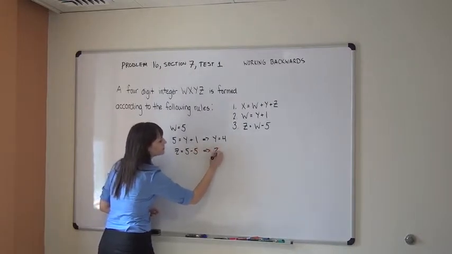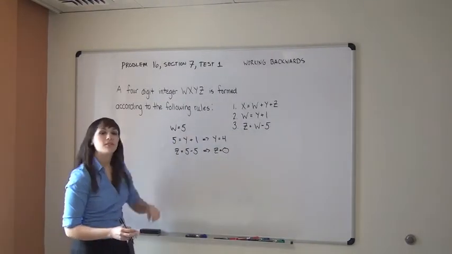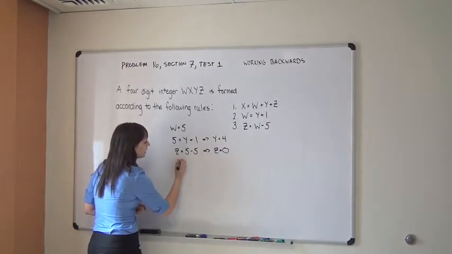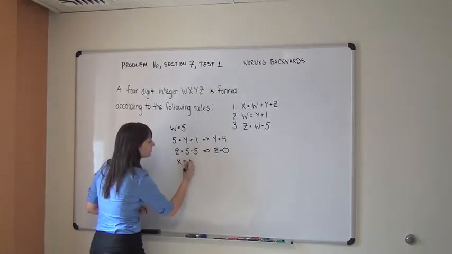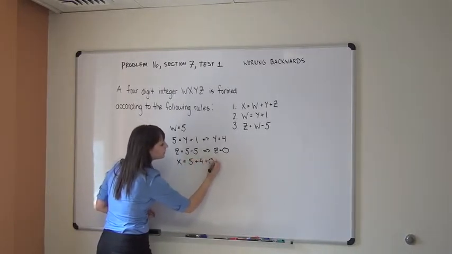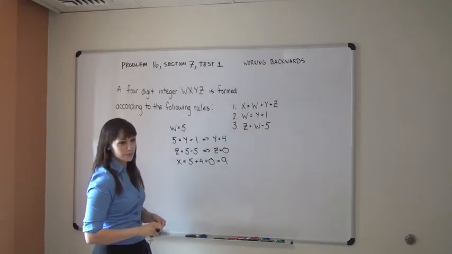Therefore, z must equal 0. Now that we have w, y, and z solved for, it's time to solve for x. Using the same equation number 1, we'll get x equals 5 plus 4 plus 0, and that adds up to 9, a number that's acceptable.